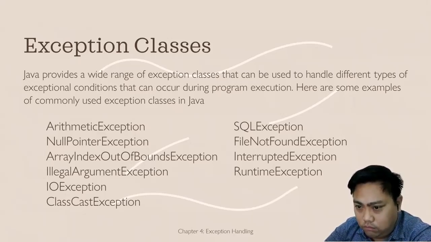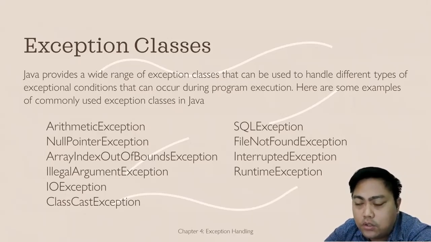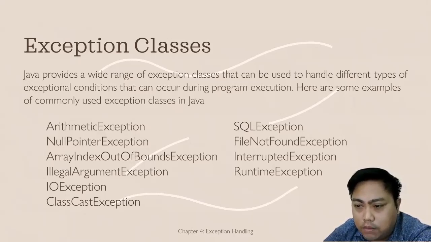So if there are objects that we want to create, these objects should be compatible, meaning they should have the same ancestor or be within the class hierarchy of a particular class.